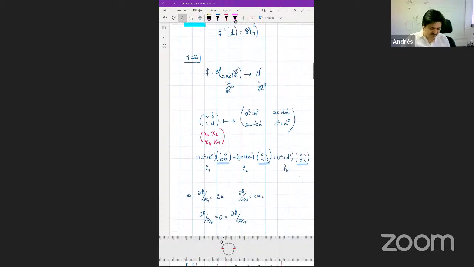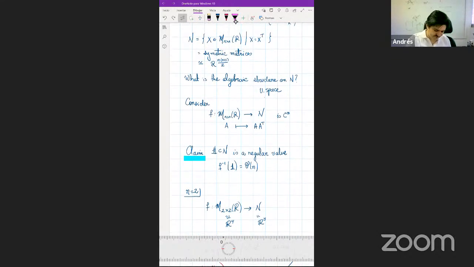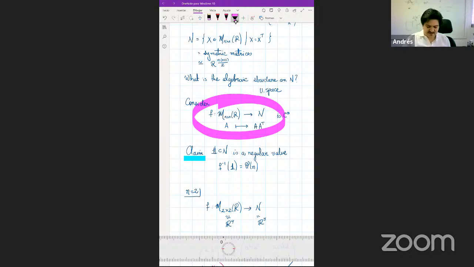Now I forgot to mention here. Let's use the theorem. Assume that this and this is true.